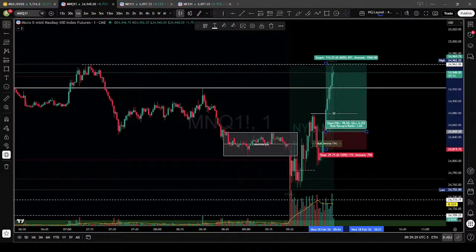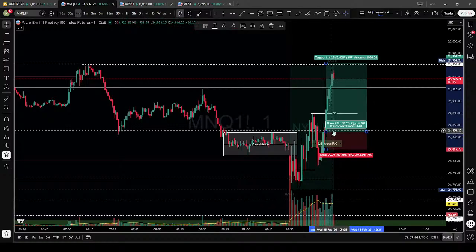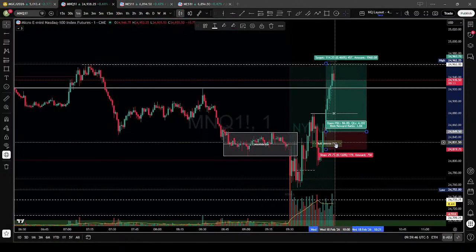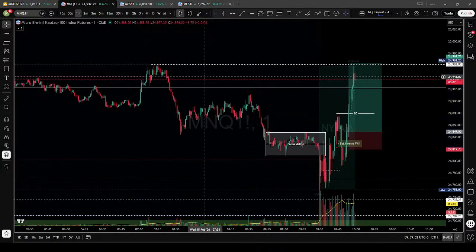How good are ICT concepts? I've seen that if you fully understand what it is, then I think it is pretty good, because it gives you precise entry and exit. It gives you reasons why to enter the market, what you are looking for, what levels you are watching for.